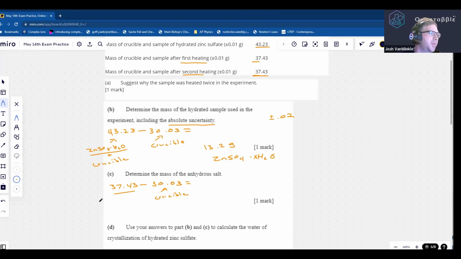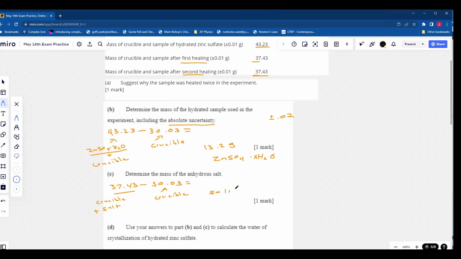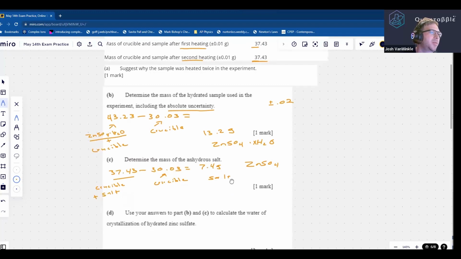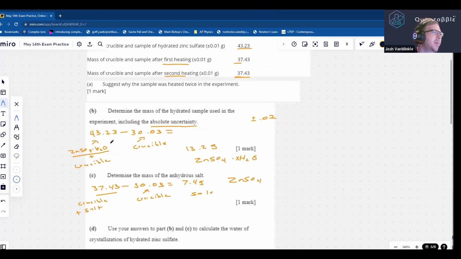And so it's just the crucible plus the salt by itself. And so when I subtract these, what do I get? 7.4. So there's my mass of the zinc sulfate by itself. Okay, you guys good on that? I know I kind of messed up here. Speak up if you didn't follow what I did.